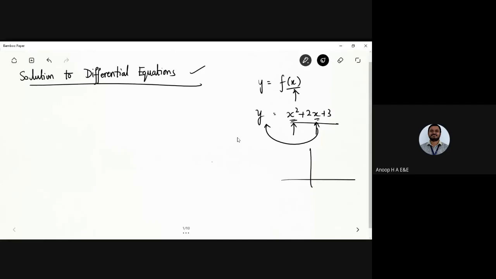So you have a simple graph sort of explanation, and depending on the pattern that you get, you will be able to analyze the behavior of the system. Such a representation can also be achieved with the help of differential equations.